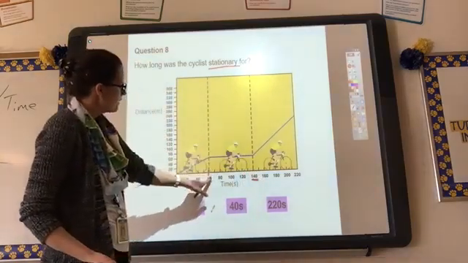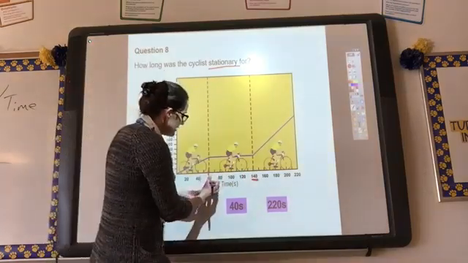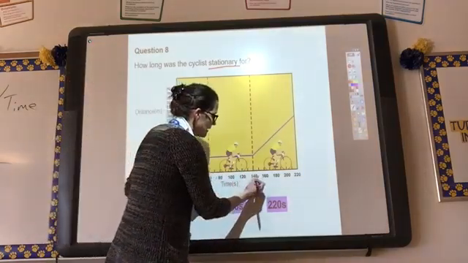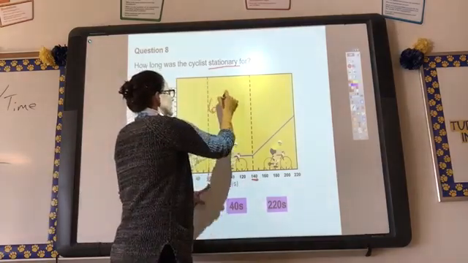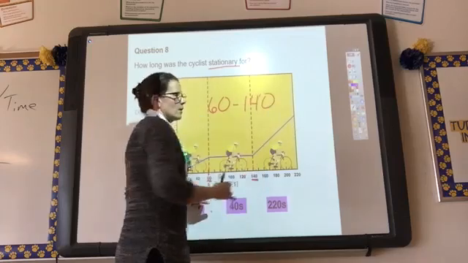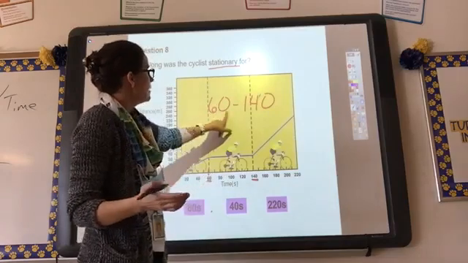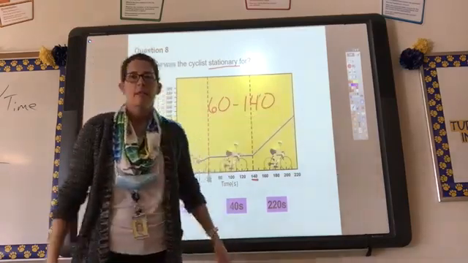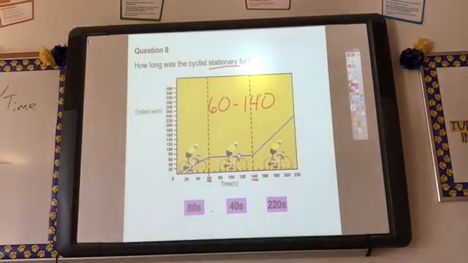He stopped at 60 seconds, okay? And he stayed at rest from 60 seconds all the way to 140 seconds. So 140 minus 60, you get where I'm going with this, right? So how many numbers are between 60 and 140? That's the amount of time he was at rest.